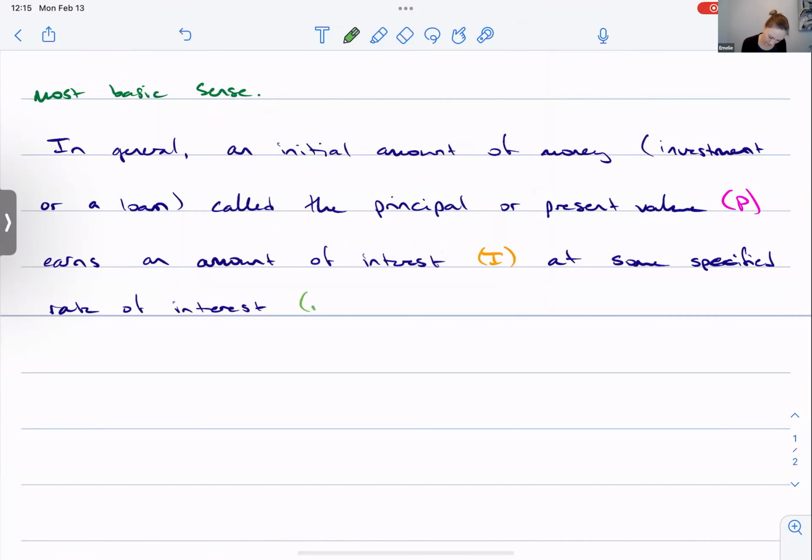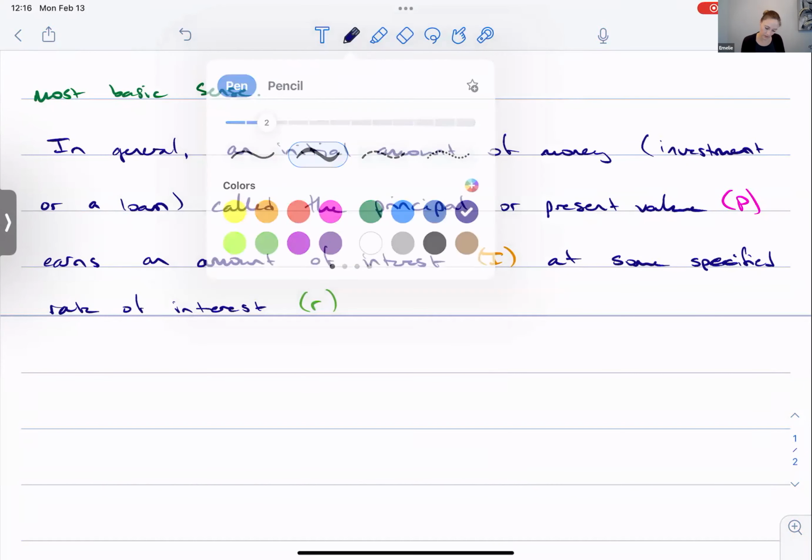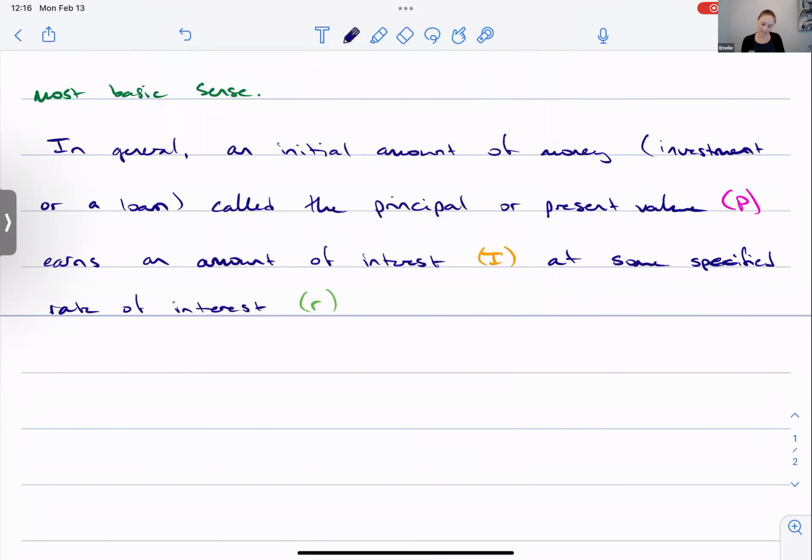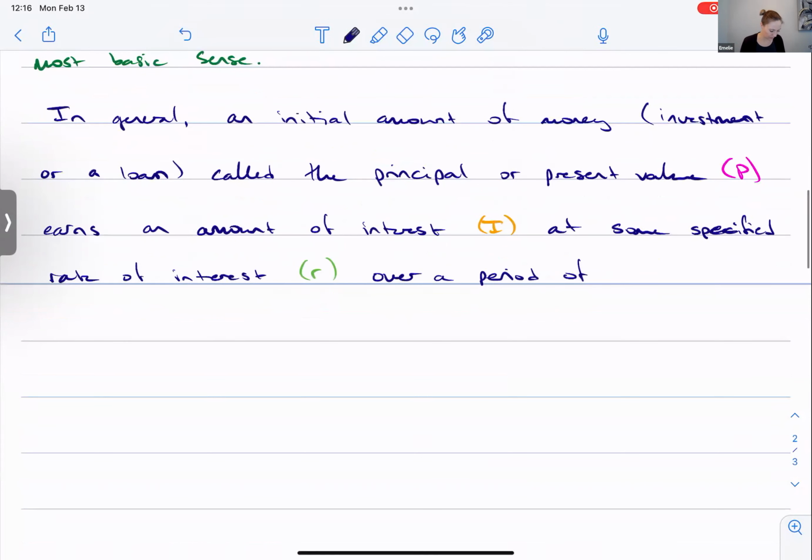And I'll use green for that. And we use a lowercase r. In general, an initial amount of money called the principal or present value earns an amount of interest at some specified rate of interest over a period of time.